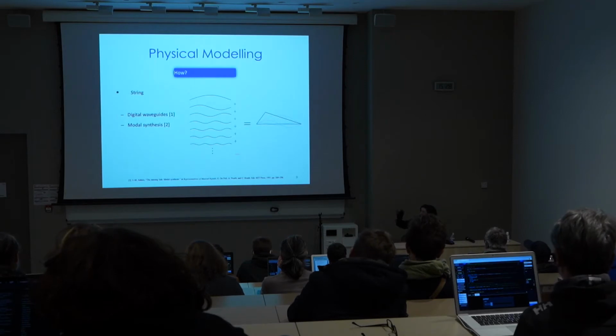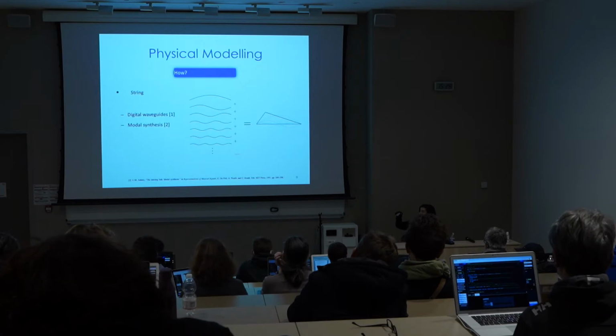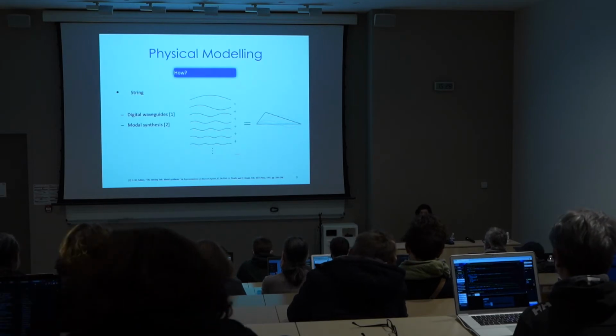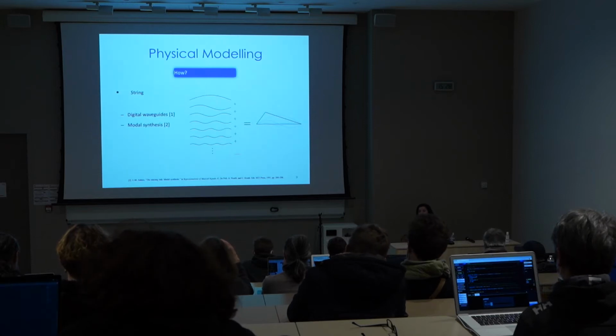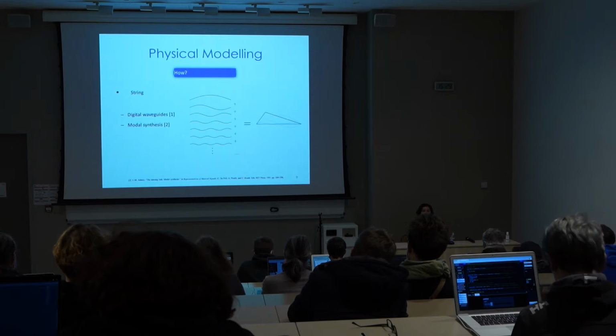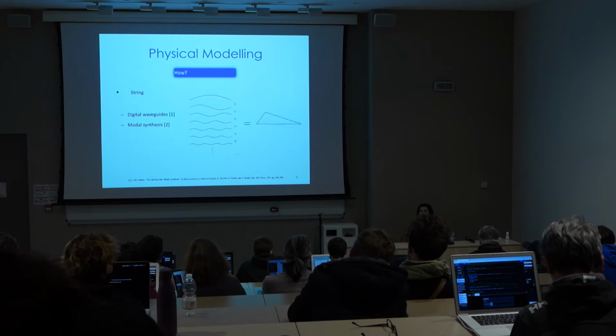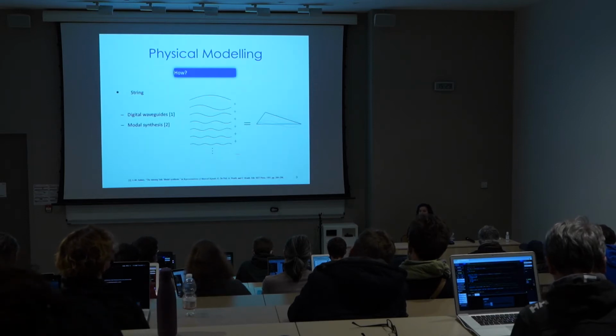As you can see in this picture, it will have the fundamental frequency, then first harmonic, second harmonic, and so on. And modal synthesis is a good technique for systems which are not harmonic and have few modes, because then each of these resonances can be simulated directly.